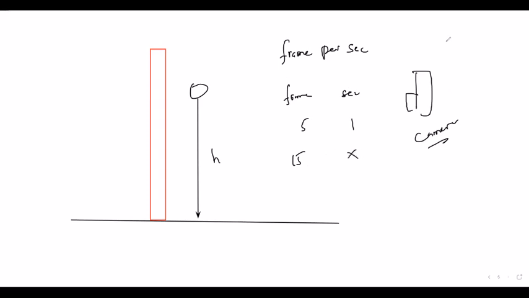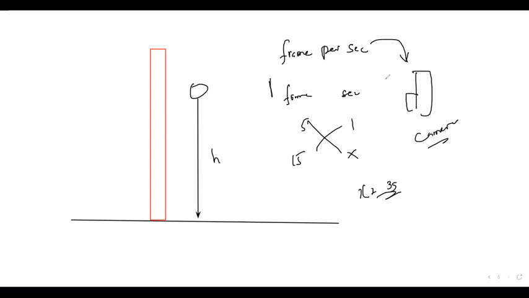The frames per second is fixed for each camera. If 5 frames are there per second, then for 15 frames, cross multiply, it will be 3 seconds. So the time interval to fall is 3 seconds.